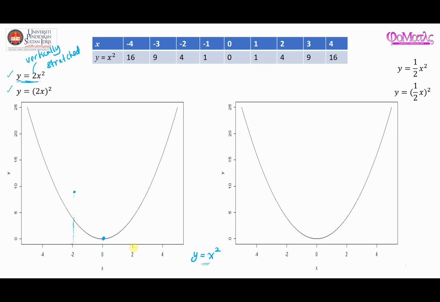The same thing for when the value of x is 2. Originally it is at 4, but now with the new function it is multiplied by a factor of 2, so it will be somewhere here.